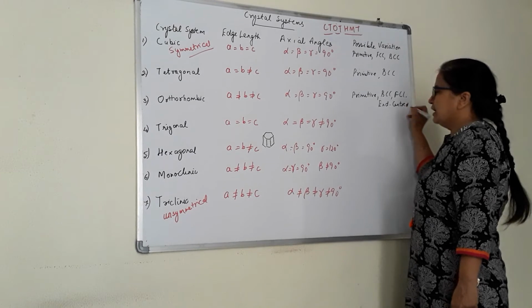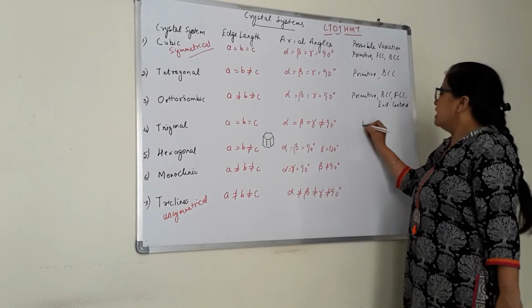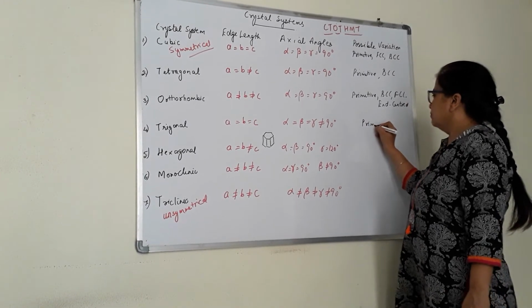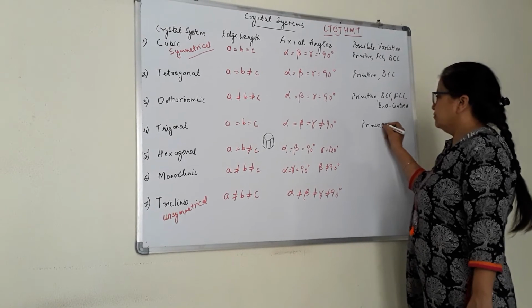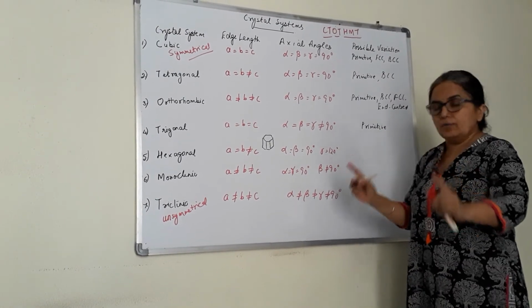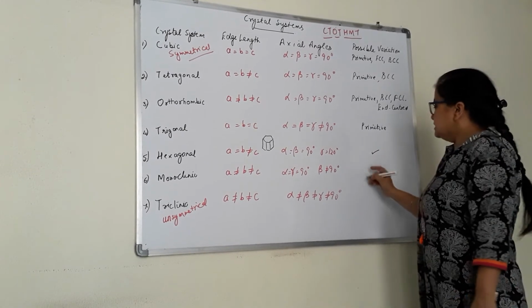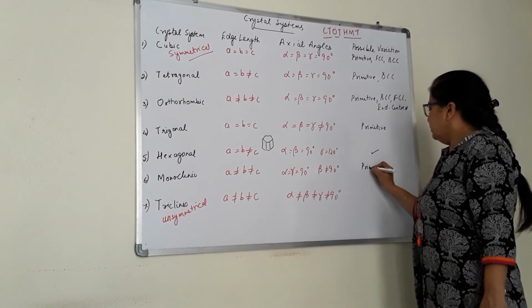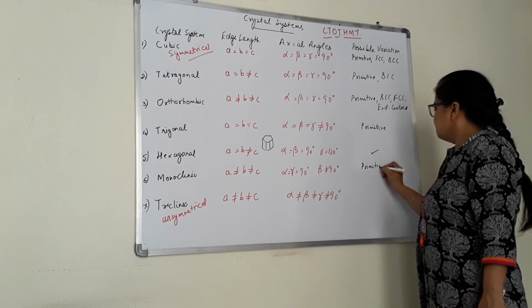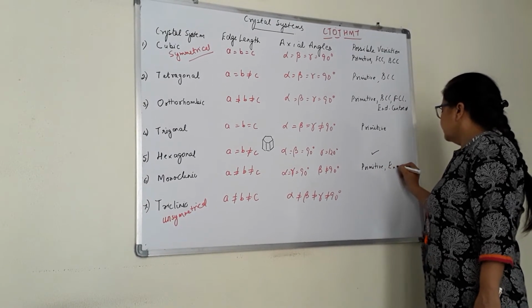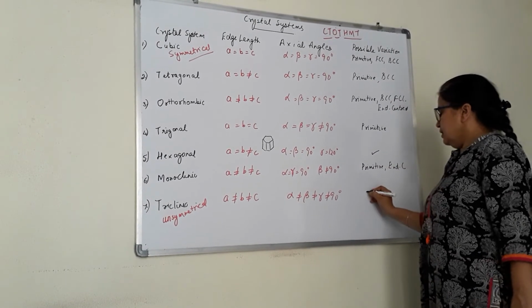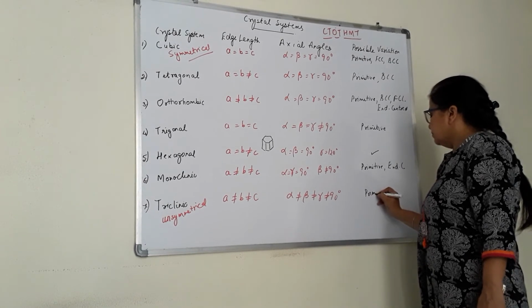It has all 4 categories. Okay, this has only primitive, that is, only the corners are occupied. This one also has only primitive. This one has 2, primitive plus end centered. This one again has primitive.